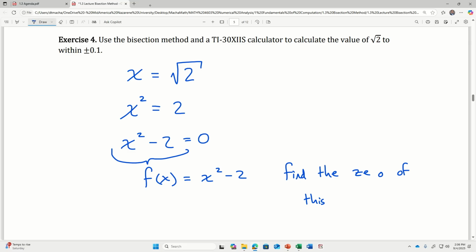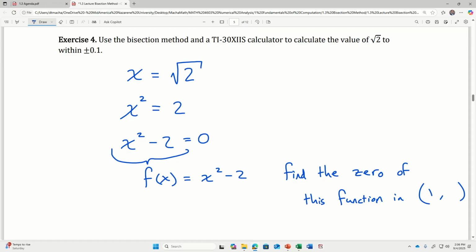And the thing is, you need to have some kind of starting bracket. You need to start with some interval where you know that the 0 we're looking for is not lower than the lower bound and it's not greater than the upper bound. And so one thing we know is that the square root of 2 has to be greater than 1, just because 1 squared is 1, and that's less than 2.